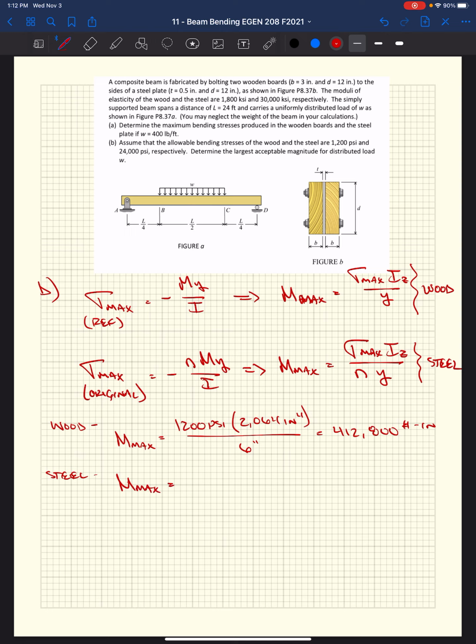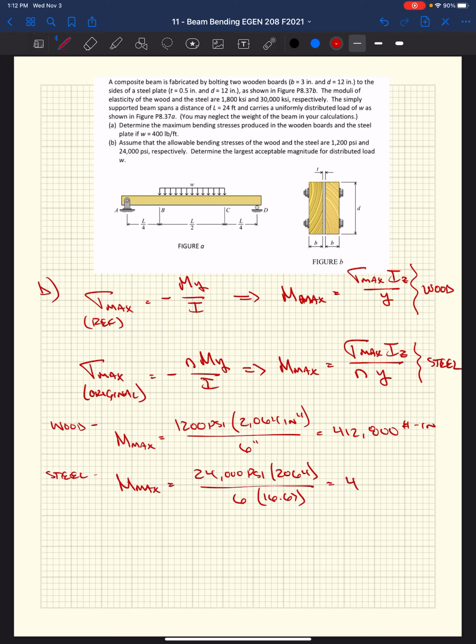we get a maximum moment from our allowable stress, which they told us was 24,000 psi. Same moment of inertia, same Y, but now we need to multiply by our modulus of elasticity ratio, which was 16.67, which was 30,000 divided by 1,800.